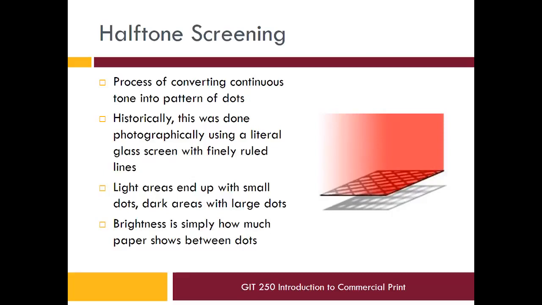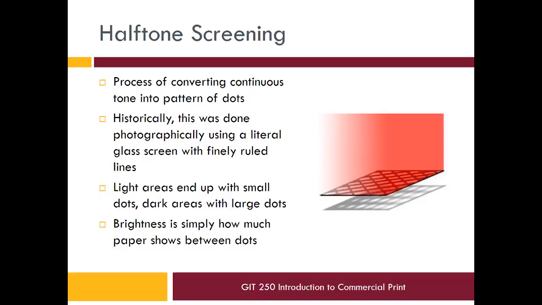The way that was done is you put a sheet of glass over your document that you want to reproduce in print, and that sheet of glass was etched with a fine pattern of lines, a screen. And then that document was exposed onto photographic paper or a plate most times, using light and photographically sensitive materials, just like if you're developing and printing film back in the darkroom in the day.